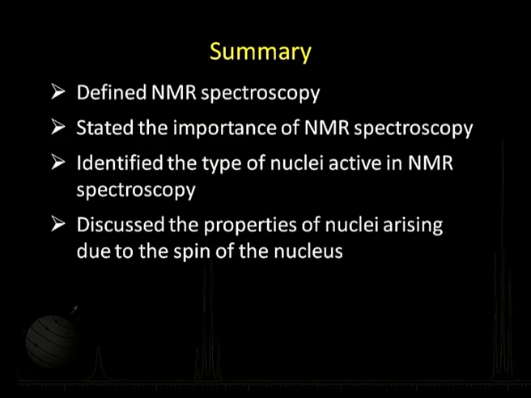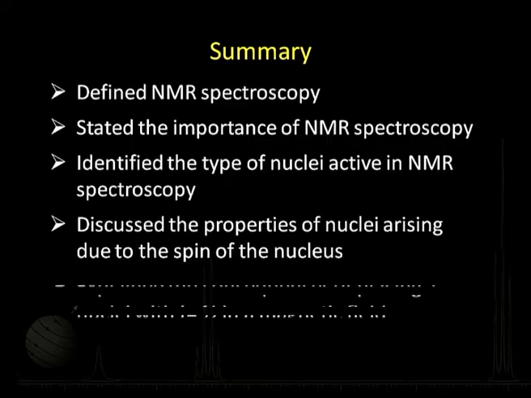Thereafter, we discussed the properties arising from nuclei with I equal to half. Such nuclei have an angular momentum, and since they are charged particles, they also have an associated magnetic moment. So these nuclei act as tiny bar magnets, and their orientation is random as such.